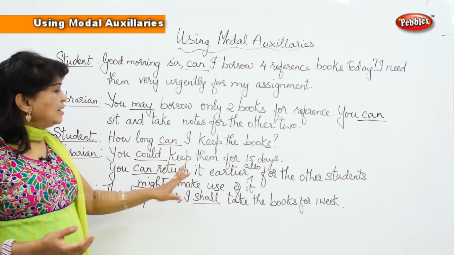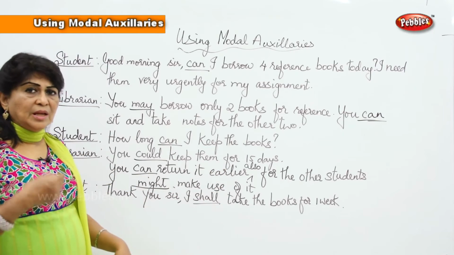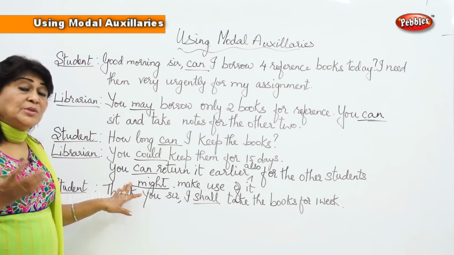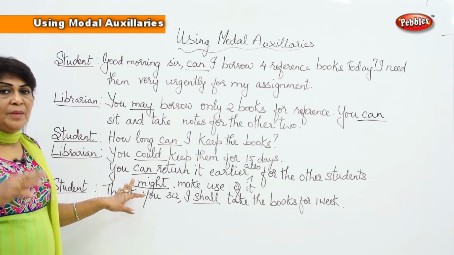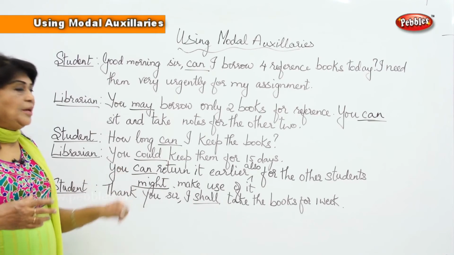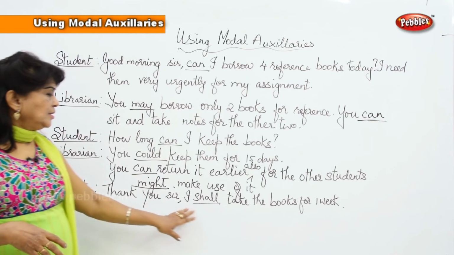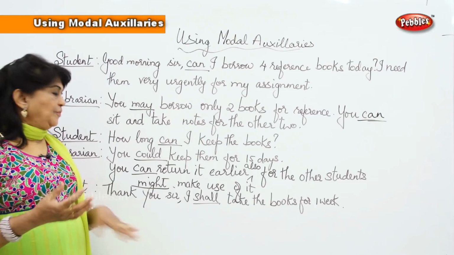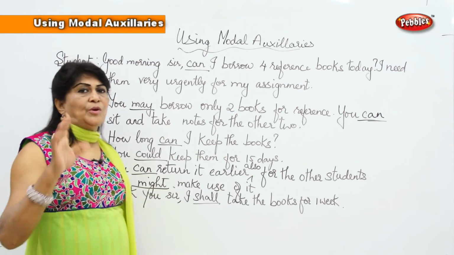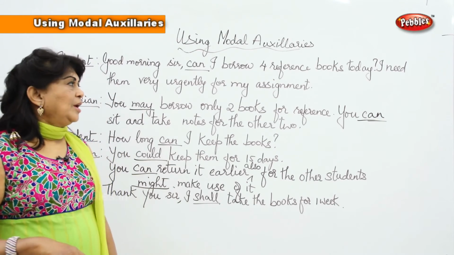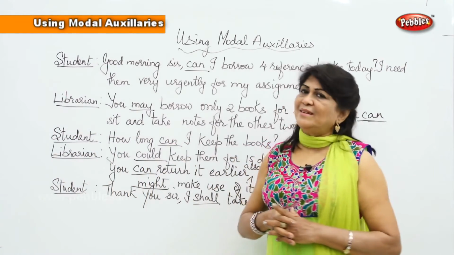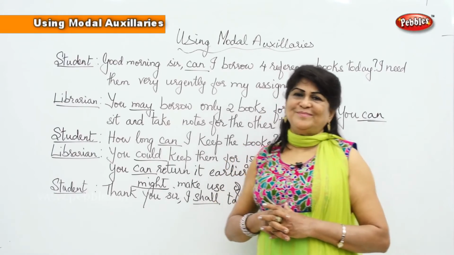And again you can return it earlier also. Again he is giving an option, because the other students might, that is may, might, they might make use of it. And here she says I shall, that is for the future. For future reference, I shall take the books for 1 week. Okay. So, this is how you use modal auxiliaries in a conversation.